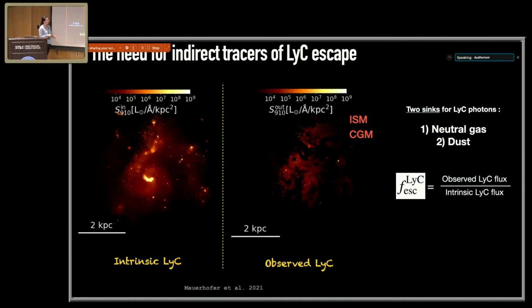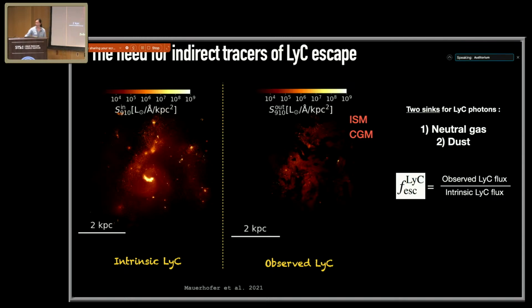You see that the Lyman continuum emission is dimmed, so it's clearly fainter. So that's this quantity, the escape fraction of Lyman continuum photons. This is what we would ideally like to measure at the epoch of cosmic reionization.